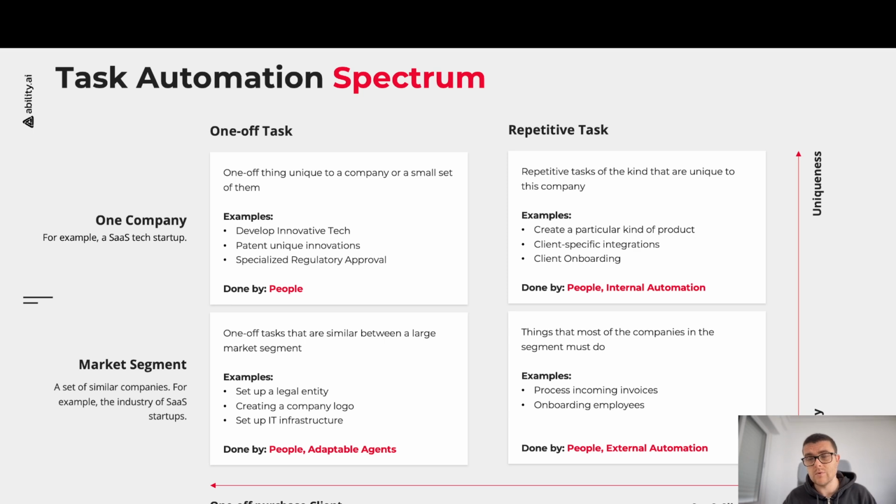Actually, on second thought, this is also the area where SaaS providers get a lot of retention problems with their customers.